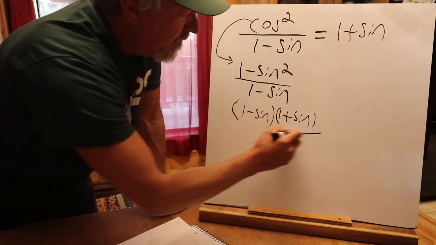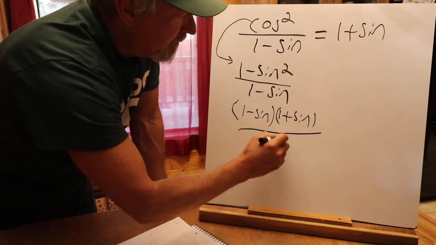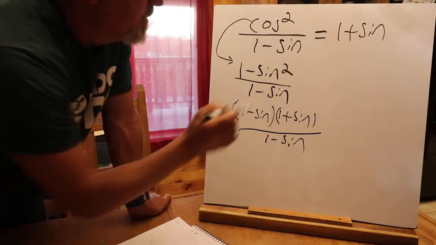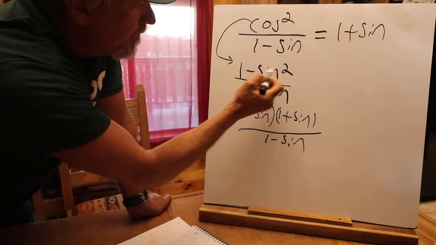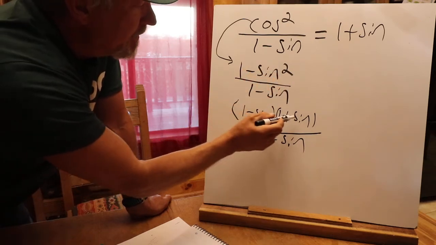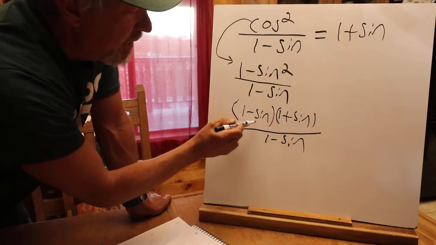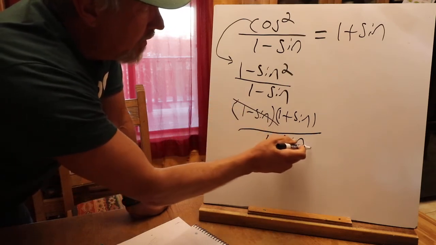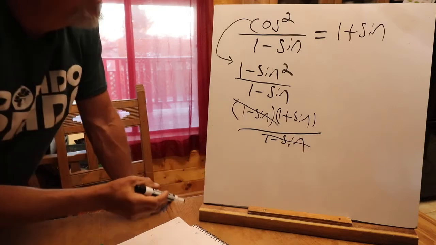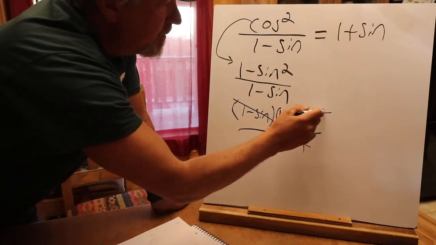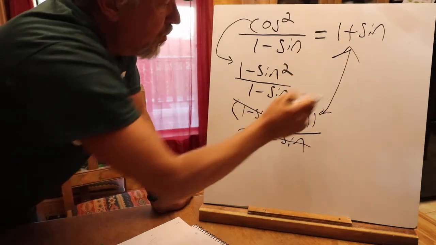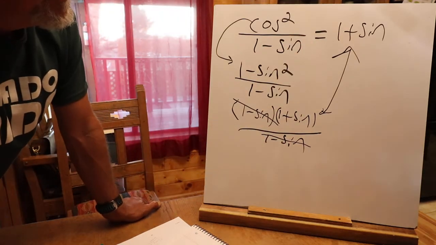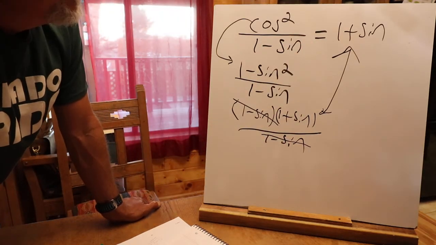And then on the bottom, I have my 1 minus sine. Now I have a 1 minus sine on the top and a 1 minus sine on the bottom, and they go. And look what happens. I have 1 plus sine equals 1 plus sine. I made the left look like the right, and I did it.